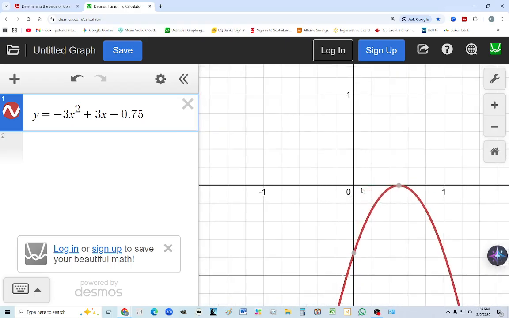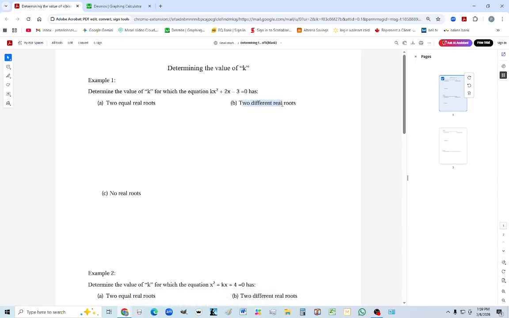And despite our intuition, which says, well, that has one root, it only crosses once, in reality, it has two real roots. They phrase it as two equal real roots.